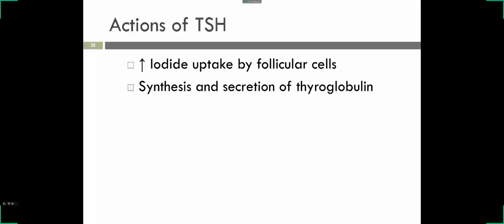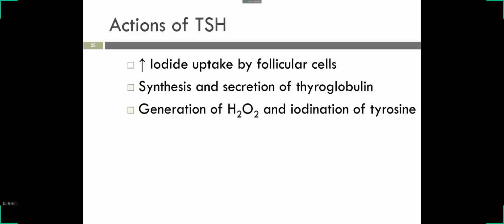It will then drive also synthesis and secretion of the thyroglobulin chain that we talked about, the long molecule that has cleavage. It also is responsible for the generation of hydrogen peroxide and iodination of tyrosine. And it drives secretion of T3 and T4.